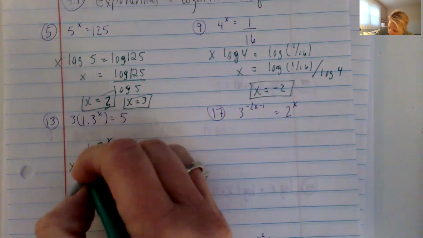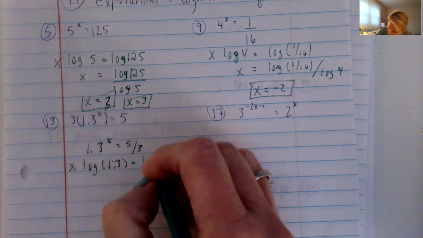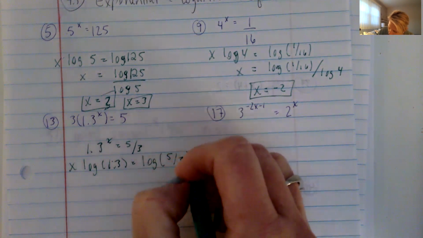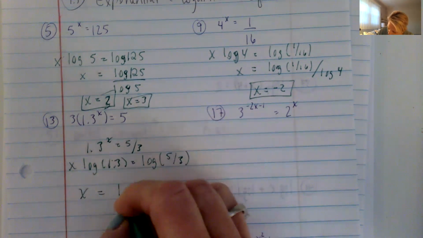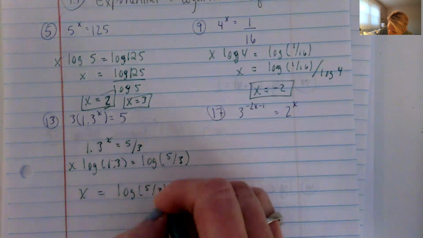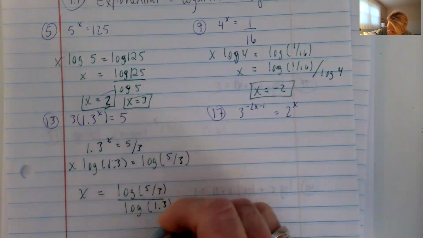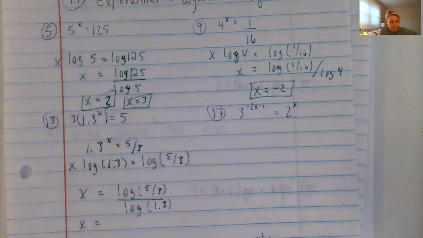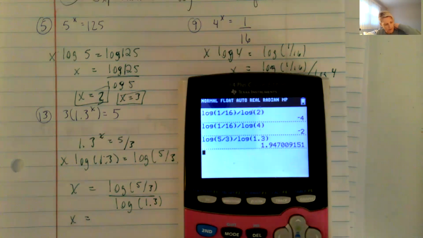By taking the log of both sides and then dividing both sides, we get the log of 5/3 divided by the log of 1.3, which is 1.947.